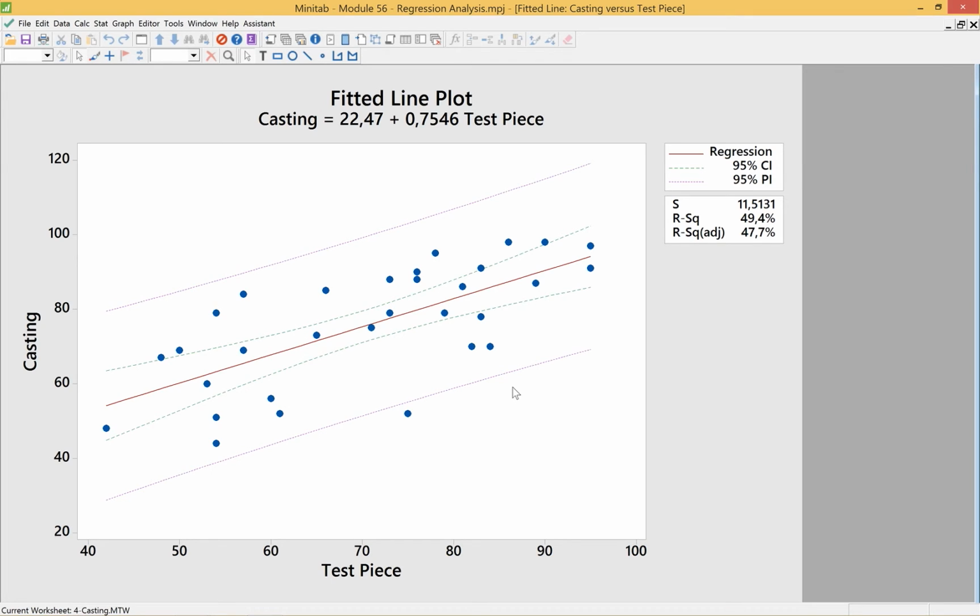Okay, so that's saying the test piece is not actually a good predictor in terms of the strength of the casting. So, guess what? All castings and metal things use the test piece. That's a tradition in that industry. They test it to say, is the casting actually adequately strong?